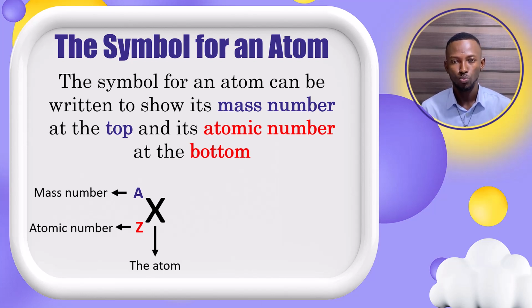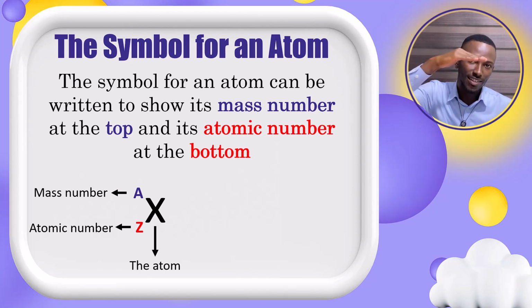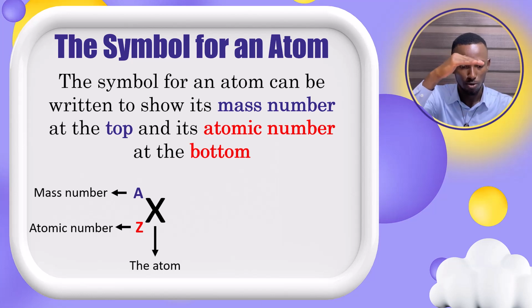Mass number is represented with the capital letter A, meaning atomic mass. Mass number is also known as atomic mass. That's why it is represented with the letter A. Then atomic number is represented with the letter Z. It comes from a German word. So atomic number has a symbol of Z, and mass number has a symbol of A. Mass numbers are written at the top, and atomic numbers are written at the bottom.